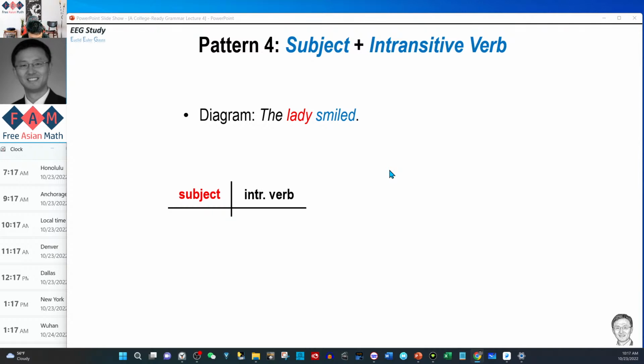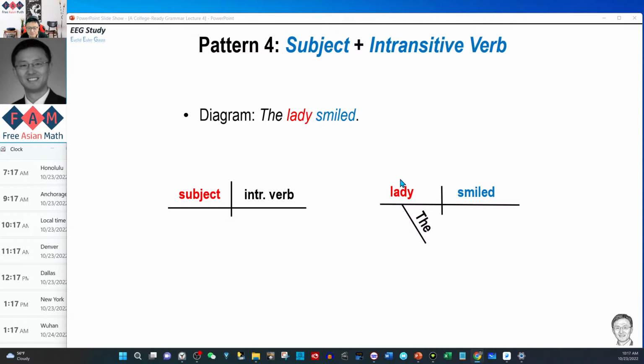So we have the subject on the left-hand side of the vertical divider bar, and an intransitive verb appearing to the right of this bar. And this sentence would be diagrammed just like that. The lady smiled. Okay.